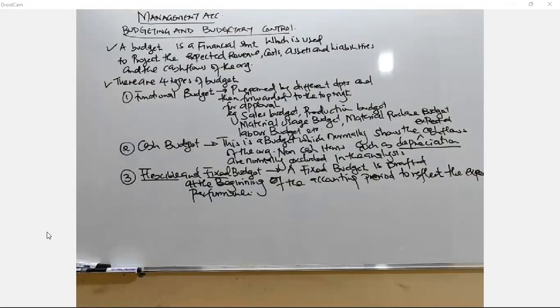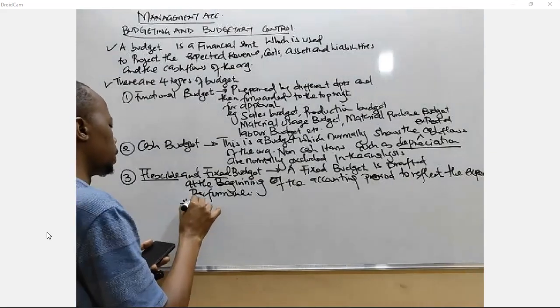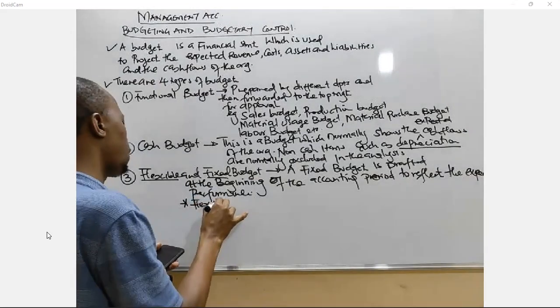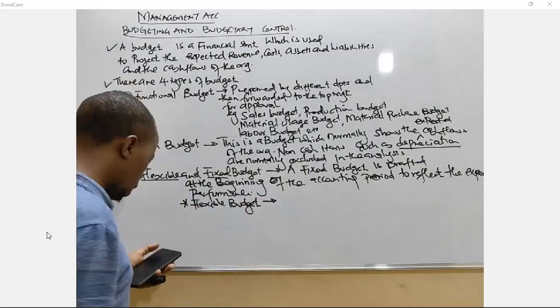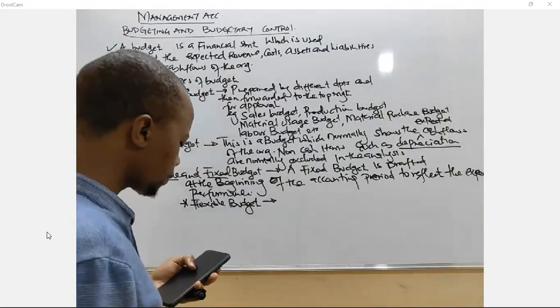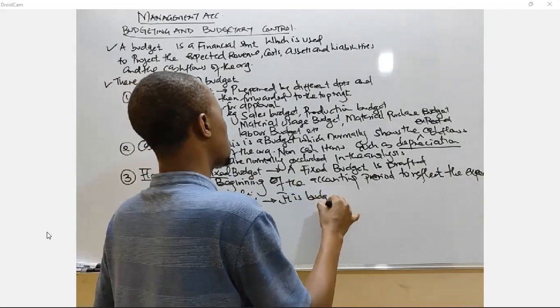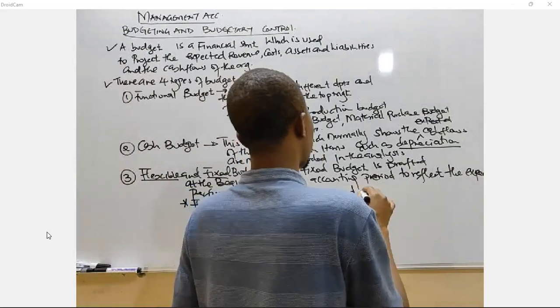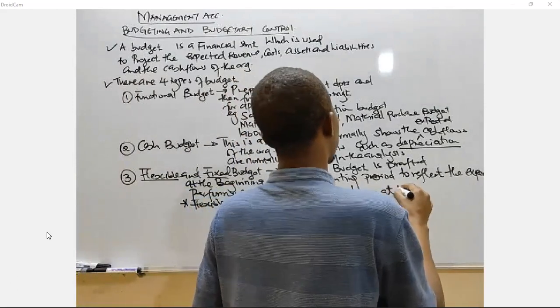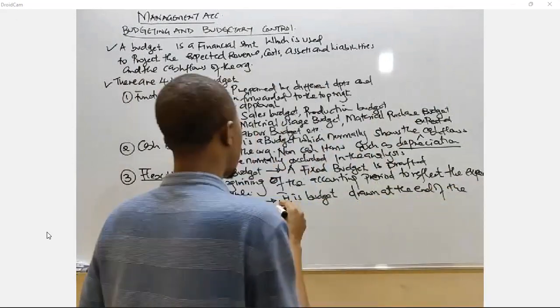But there is an aspect you have to look at regarding the flexible budget. The flexible budget is a budget drawn at the end of the accounting period.